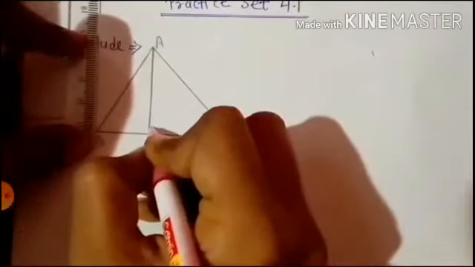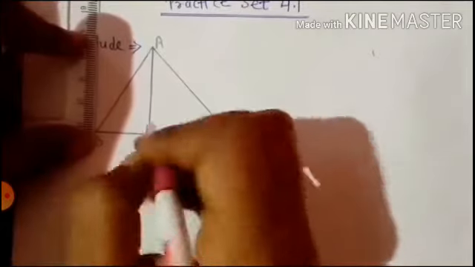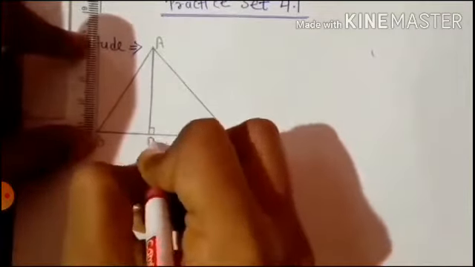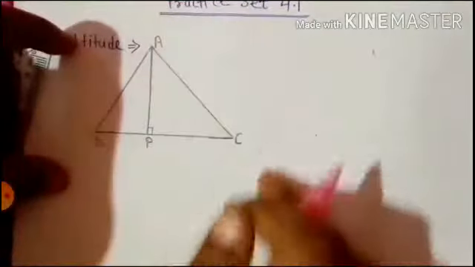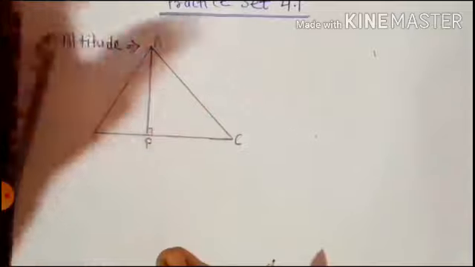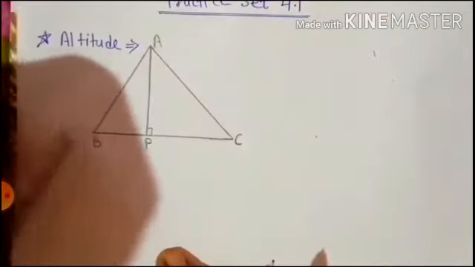In mathematics language, we call height an altitude. This is one altitude of a triangle, which is based on BC and passing through A. In one triangle, at the most we can draw three altitudes. This is the first altitude.